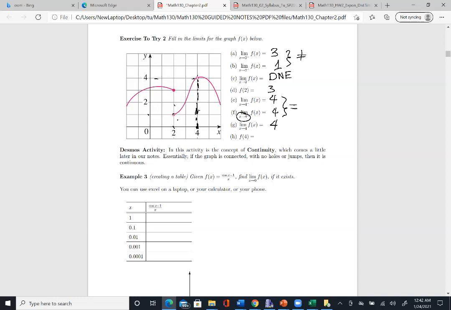But look, the graph has a hole. In this case, it doesn't have any point that satisfies x equal to 4. Okay, so in this case, I'm going to say undefined or does not exist.